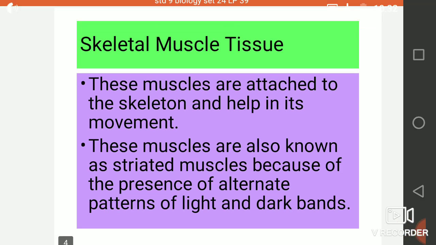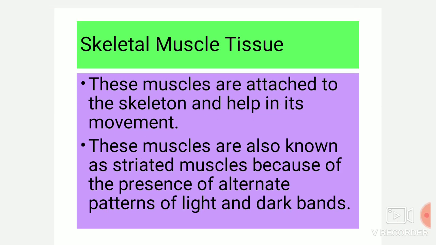The first one is skeletal muscular tissue. These muscles are attached to the skeleton and help in movement, and they are also known as striated muscles because of the presence of an alternate pattern of light and dark bands.